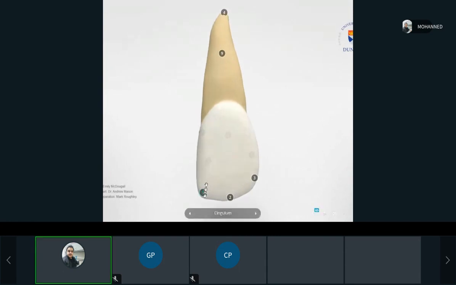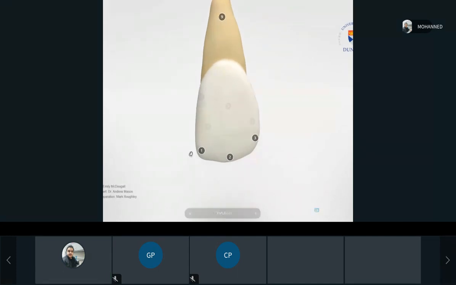If we look at these labially, you can see it has a rounded edge, right? Technically on both sides. So mesial is more rounded compared to the central incisor. The central incisor has a really sharp edge, while the lateral incisor has a more rounded edge on the mesial side.